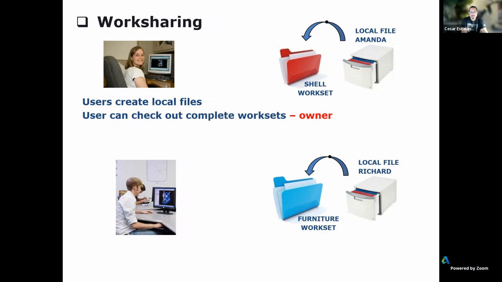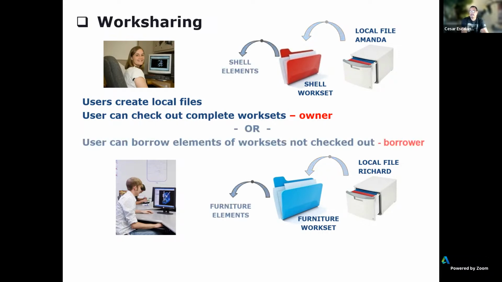And what we want instead is for the users to have access to everything and just work on the things that are relevant to their tasks. And so a borrower is someone who just checked out specific pieces of geometry inside a work set. And so work sets can have multiple borrowers. And this second way of working is the most frequent way of working in Revit.